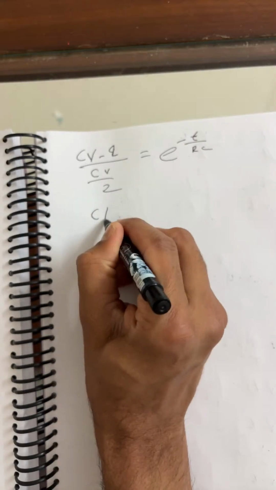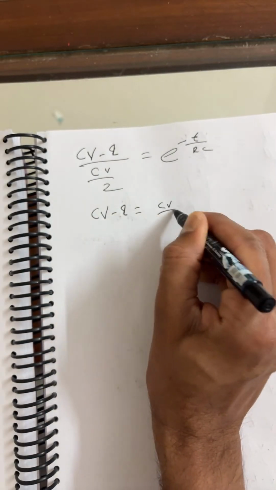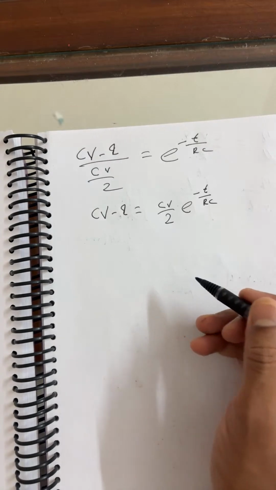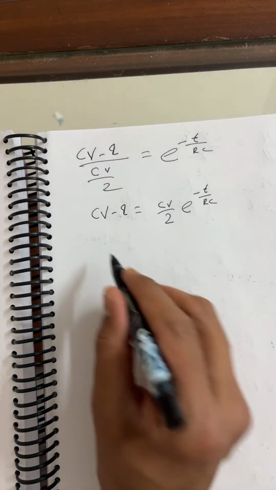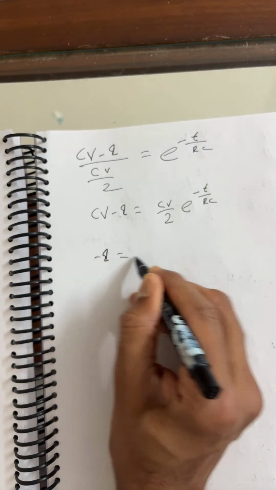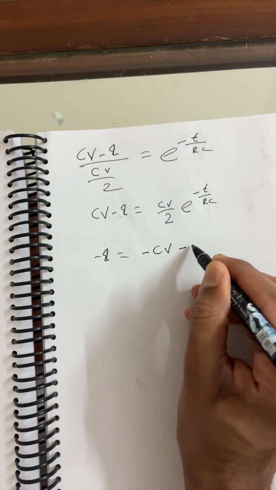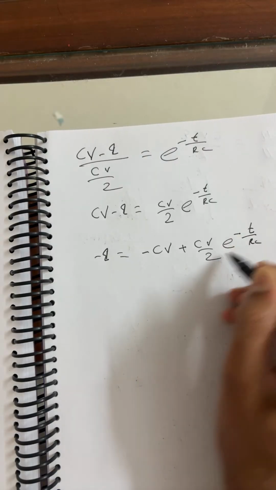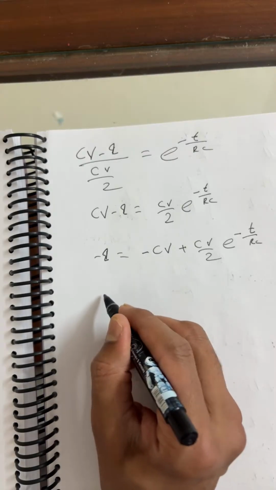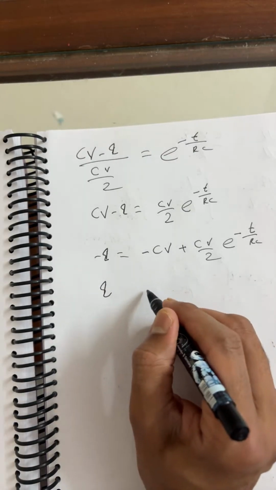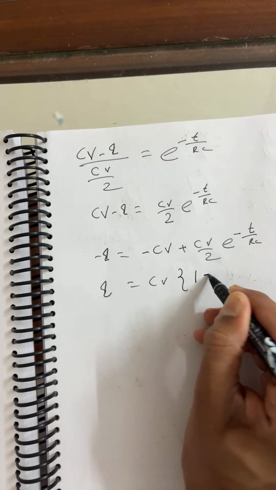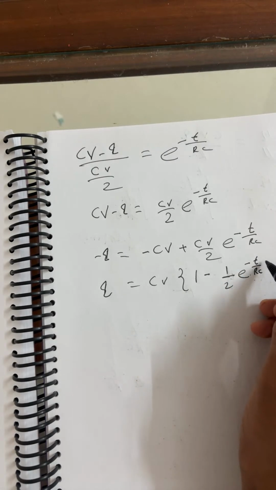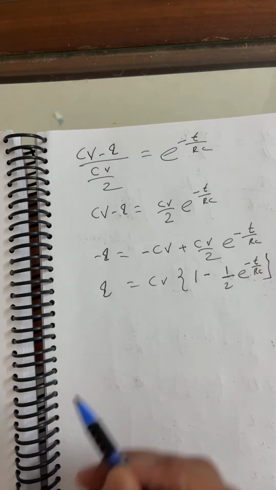Taking minus common, Q equals CV times (1 minus 1 by 2 e to the power minus T by RC). So this is the answer for this question.